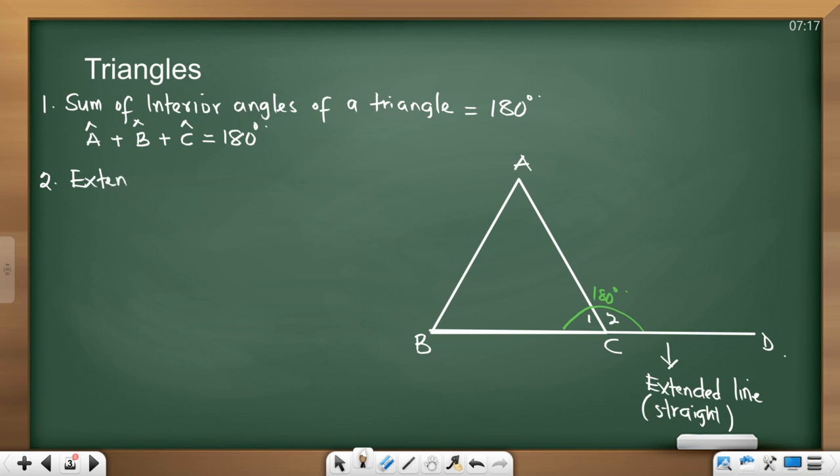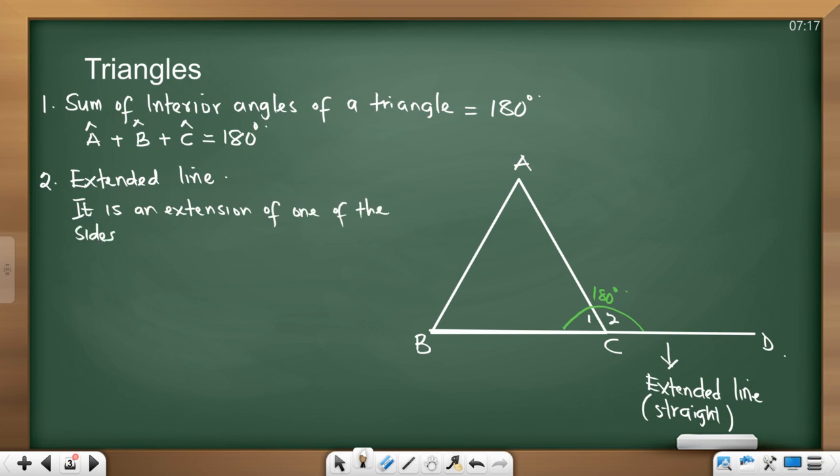So I'd like us to quickly put some notes down on that extended line. Extended line: it is an extension of one of the sides.